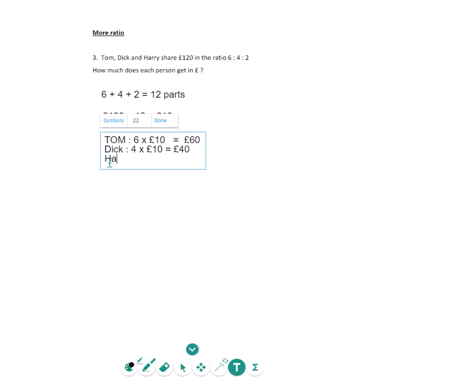And Harry has 2 parts, which equals 20, and we can check by adding them all up. 60 plus 40 plus 20 gives a total of £120. So we can check our answer.